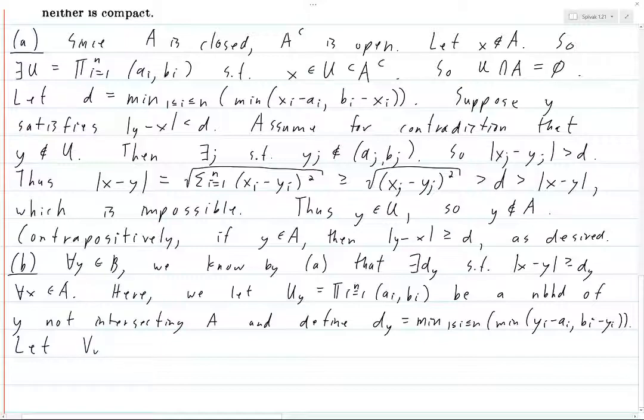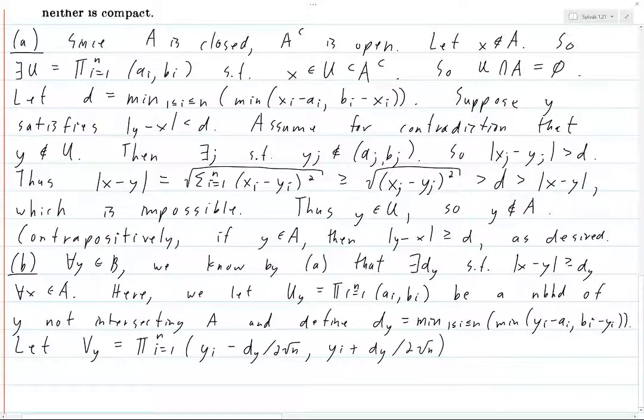So we're going to let vy be the product over i equals 1 to n of the interval from yi minus dy divided by 2 square root of n, to yi plus dy over 2 square root of n.